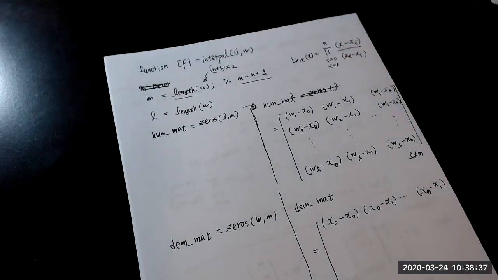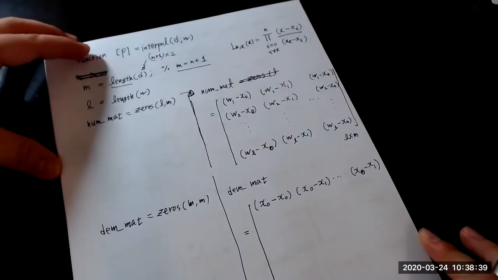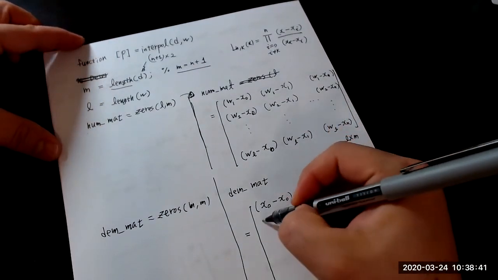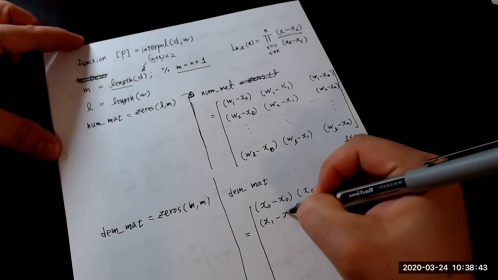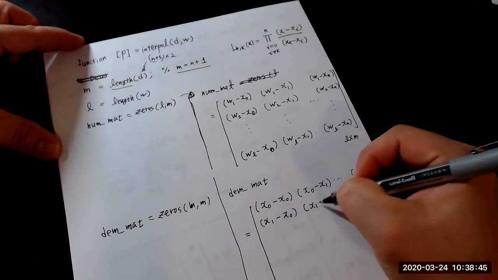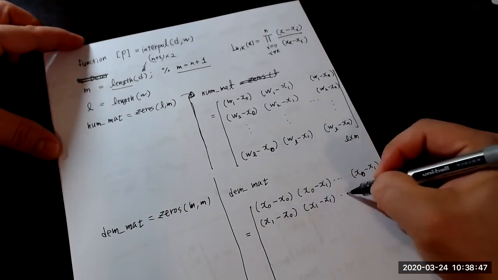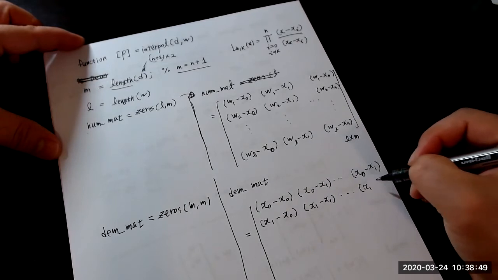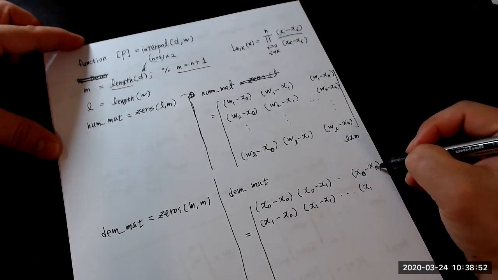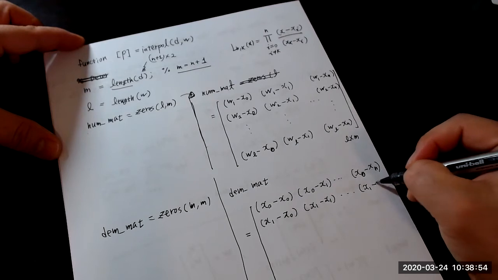Can you see that? The second row is going to be x1 minus x0, and then x1 minus x1, through x1 minus xn.